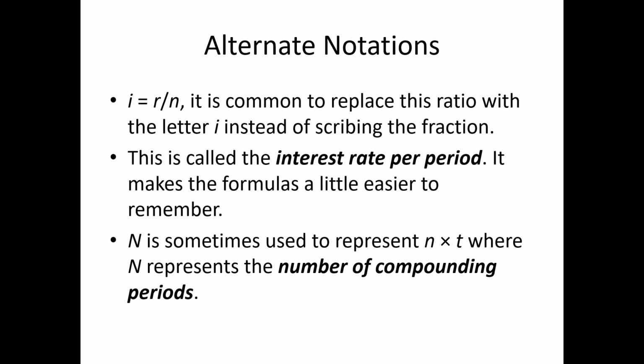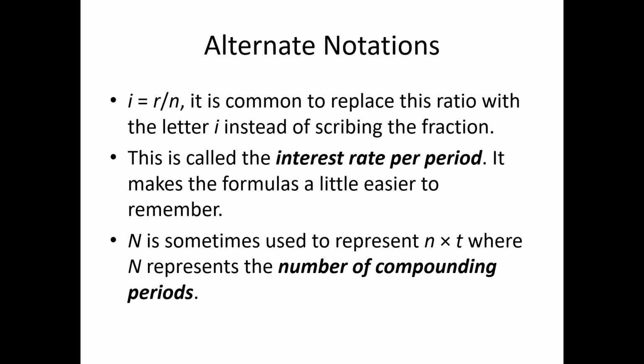So this little i is often called the interest rate per period. And it does make the formulas a little bit easier to remember. There's not so many fractions involved and things of that nature. So if you do see a little i, remember this is often replacing r over n to make the formula a little bit easier to remember.